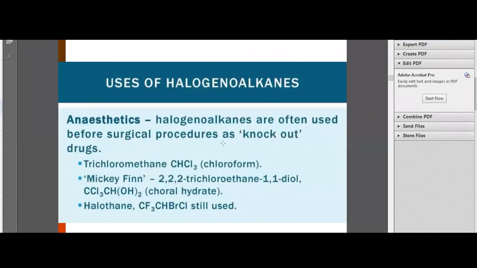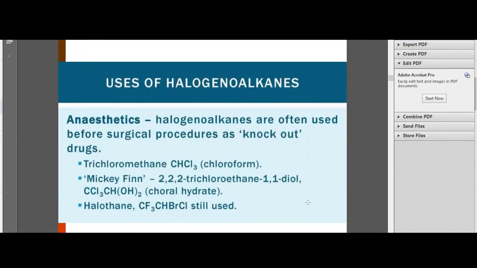Okay, the second use of halogenoalkanes is as anesthetic. You know that in operations or surgical procedures, sometimes anesthetic compounds are needed, such as chloroform, chloral hydrate or halothane, that can be used to make the patient sleep while the surgery occurs.